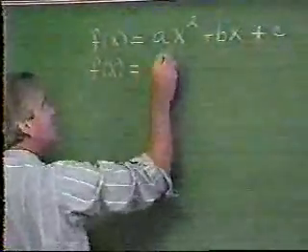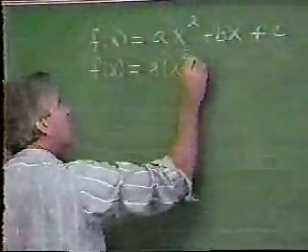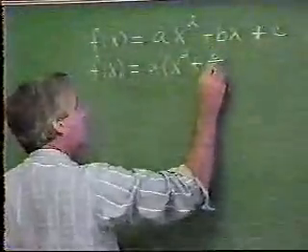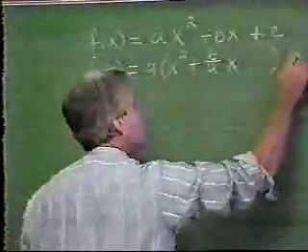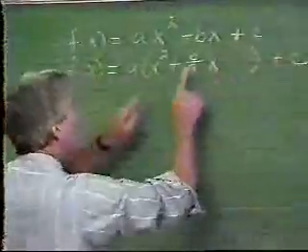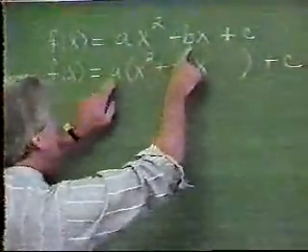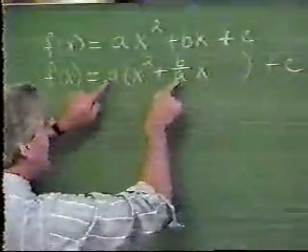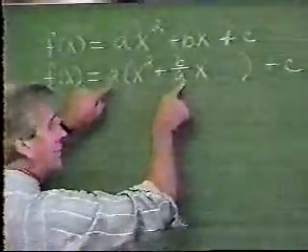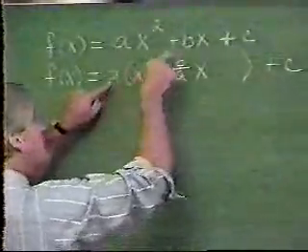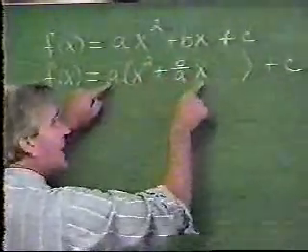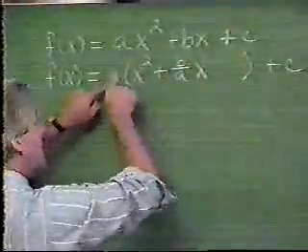I would have a times x squared plus b over a times x. And I'll move the c out here. Now notice I'm forcing the factorization of the a, and we can verify that this is the correct factorization by multiplying a times b over a x to get bx. You see, the a's would cancel, and I'd be left with this.